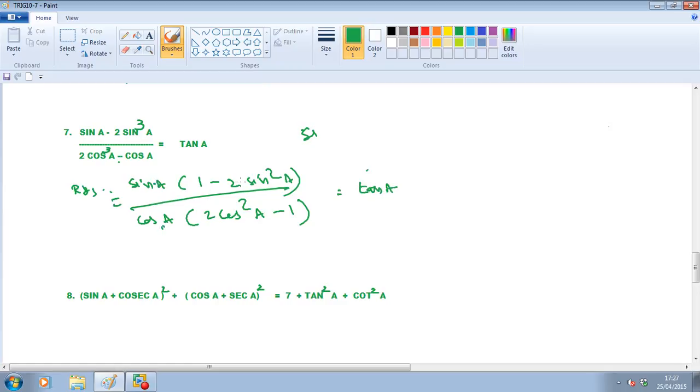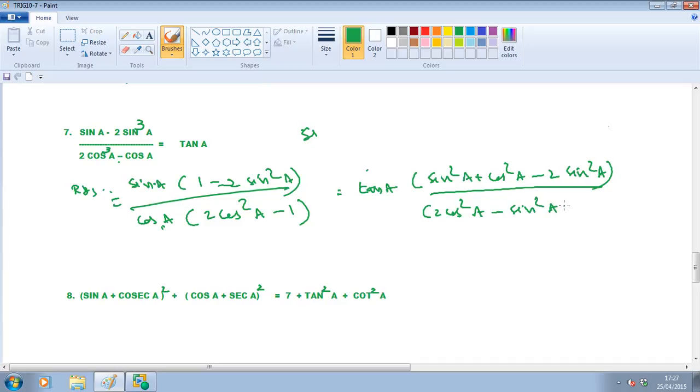Sin A divided by cos A multiplied by 1 minus 2 sin square A. Suppose 1 is equal to sin square A plus cos square A. So equal to sin square A plus cos square A minus 2 sin square A, divided by the denominator 2 cos square A minus sin square A plus cos square A, is equal to tan A.